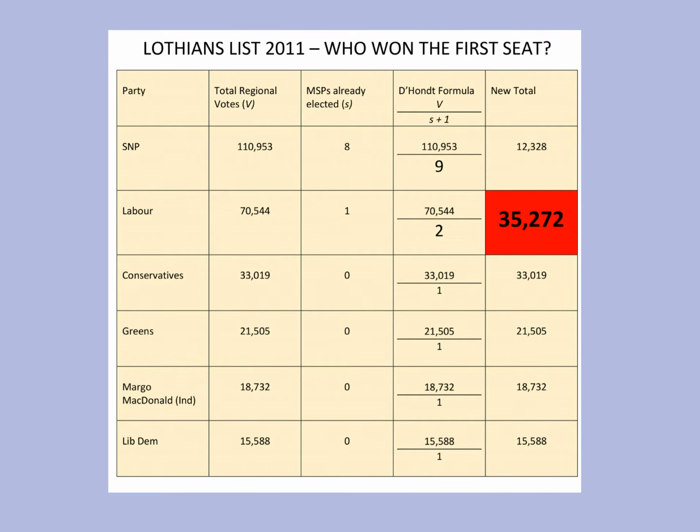So, the SNP regional total gets divided by 1 plus 8, that's de Hondt's formula, and Labour's total gets divided by 1 plus 1. Everyone else's totals stay the same. So now that we've done that first calculation, we can see who has the most votes and wins the first regional seat. Labour are in the lead, so they win seat number 1.